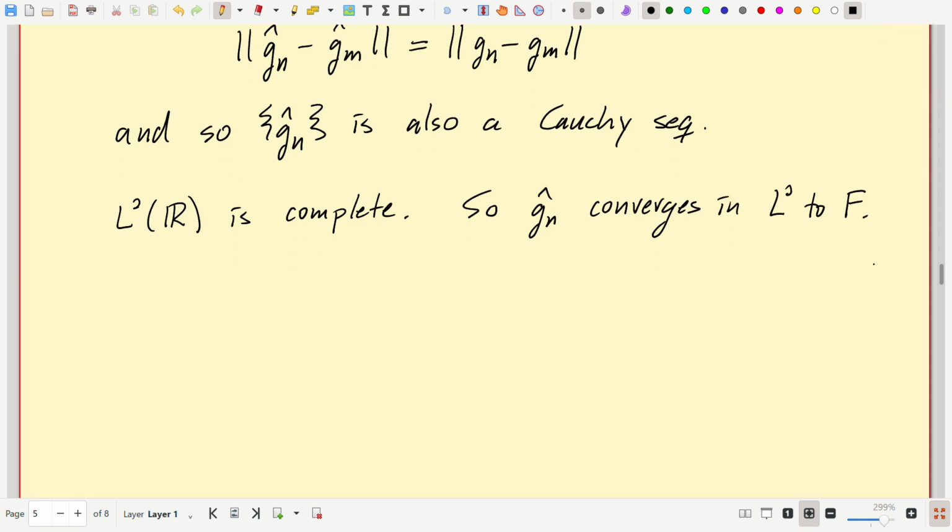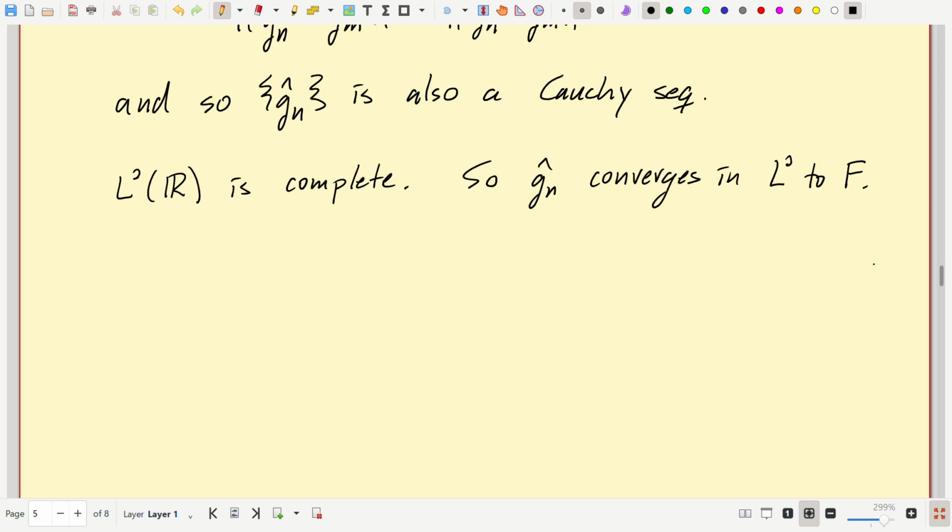Okay. And that is going to be the Fourier transform. So exciting.